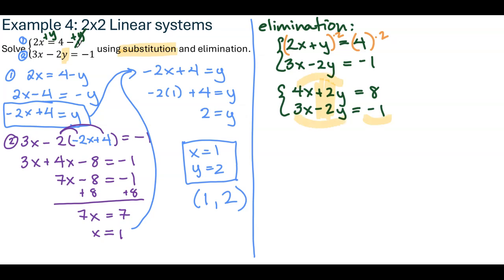Okay, so this is the elimination step, and it might feel a little weird, but you could think of it this way. I'm looking at equation number 2, and I want to add 8 to both sides of that equation. So you would think, okay, I go plus 8, but what I know is that 4x plus 2y is also equal to 8.